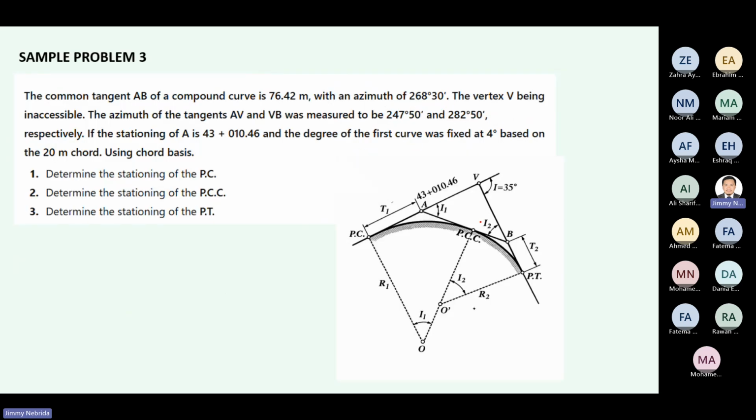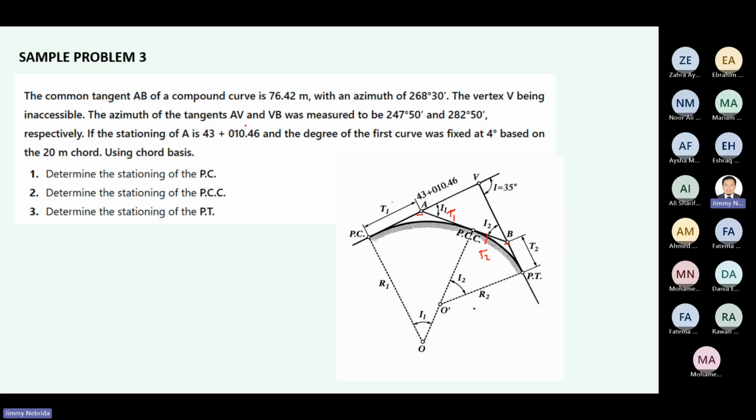Okay, let's go to sample problem number 3. You have common tangent AB. Where's AB? A, B. This is T2. In other words, this one is also T2, right? This is T1. In other words, this one is also T1.